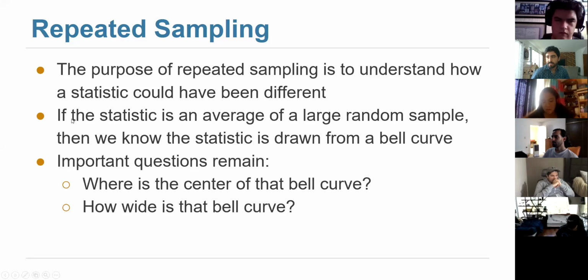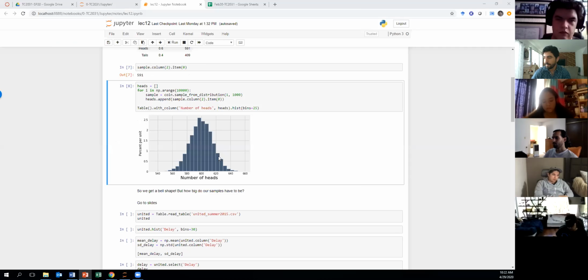And we talked about it: if the statistic is an average of a large random sample, then based on the central limit theorem, we know the statistic is drawn from a bell curve. But an important question remains: where is the center of the bell curve and how wide is it? The center is the average of the bell curve, and how wide it is is the standard deviation that we want to talk about.